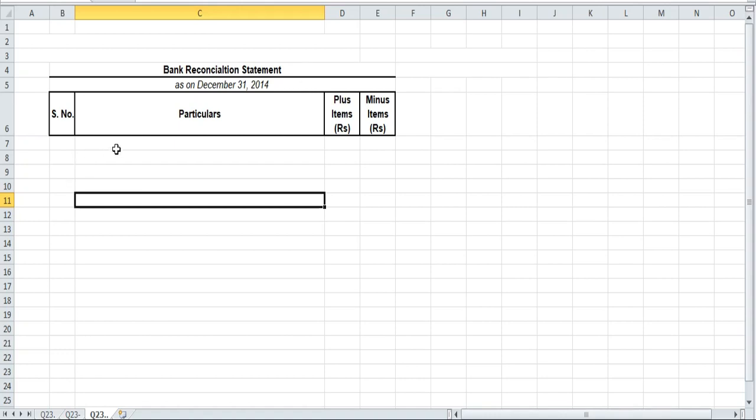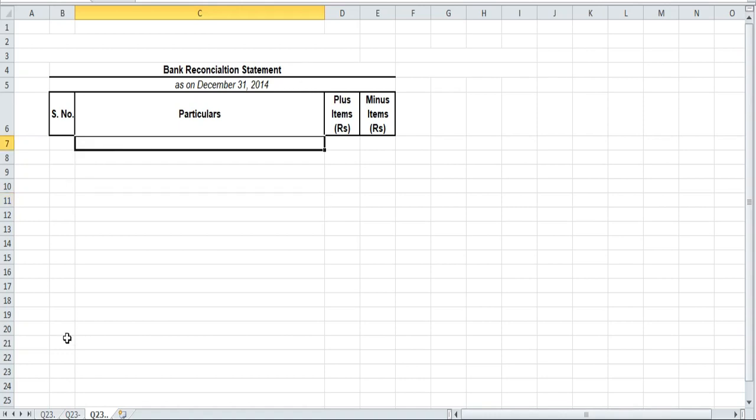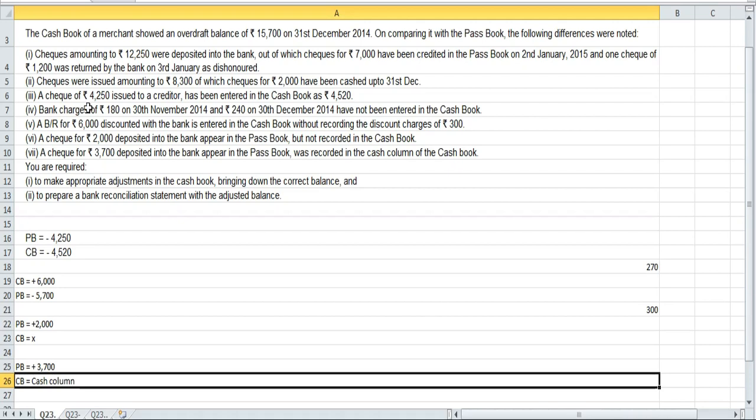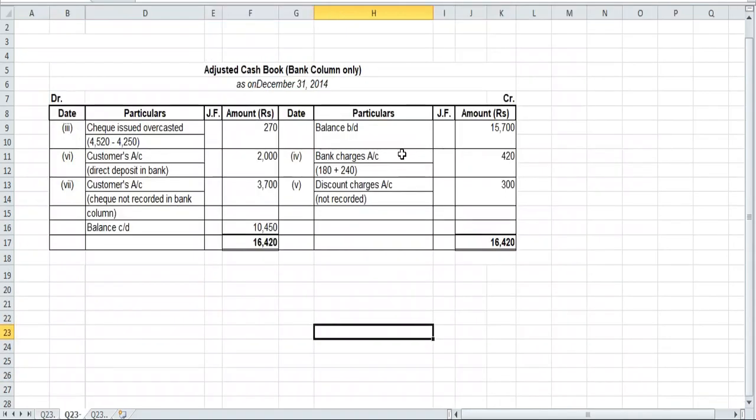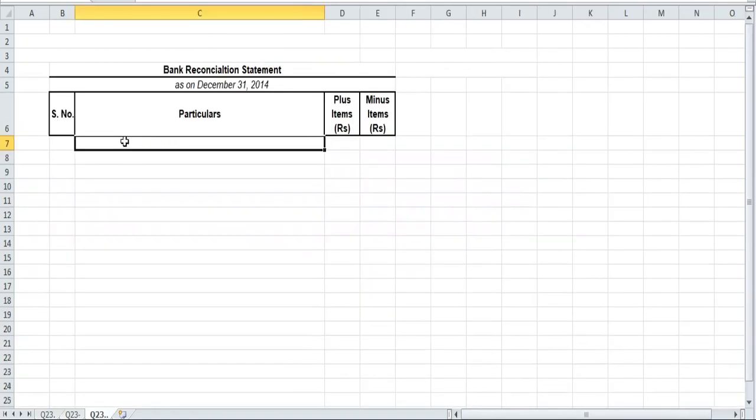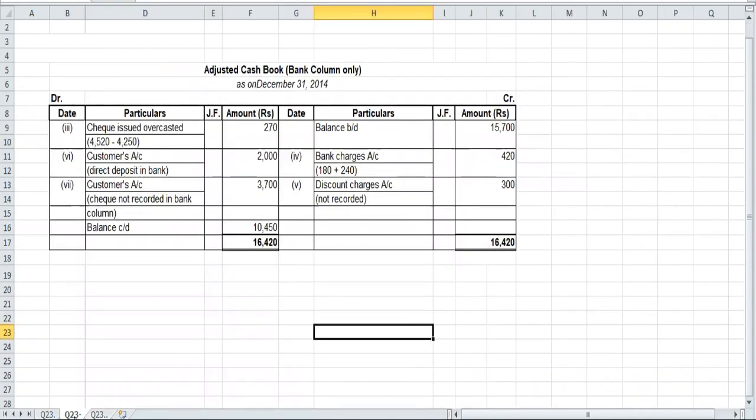Now let us enter the cash. Here this overdraft went as opening balance. Now you will say that this is on the debit side, so we are going to write down debit balance as per amended cash book. No, we will write credit balance.